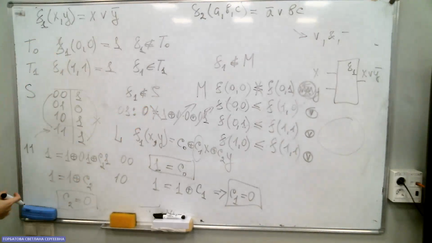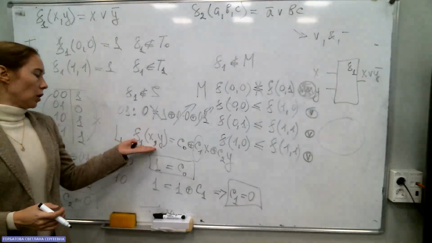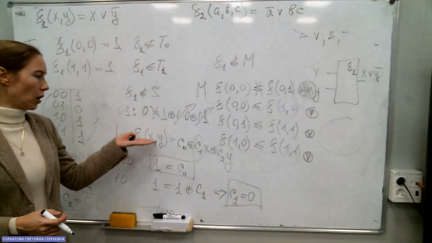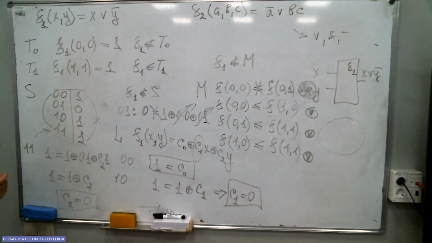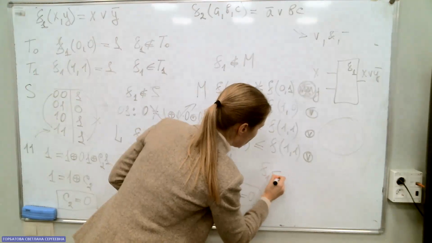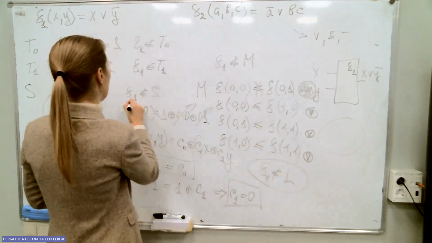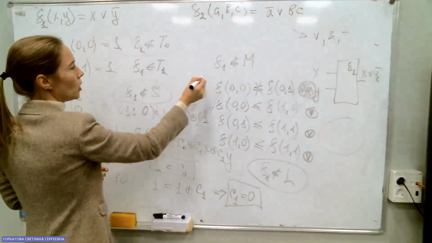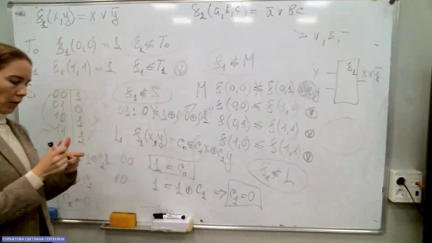Not correct. It is not possible to represent this function as a linear combination. Not possible, and it is good for us because F1 doesn't belong to the linear class. So this is one problem.